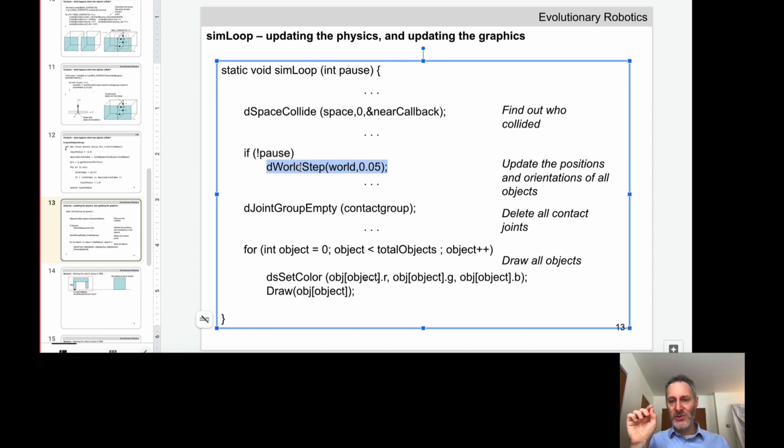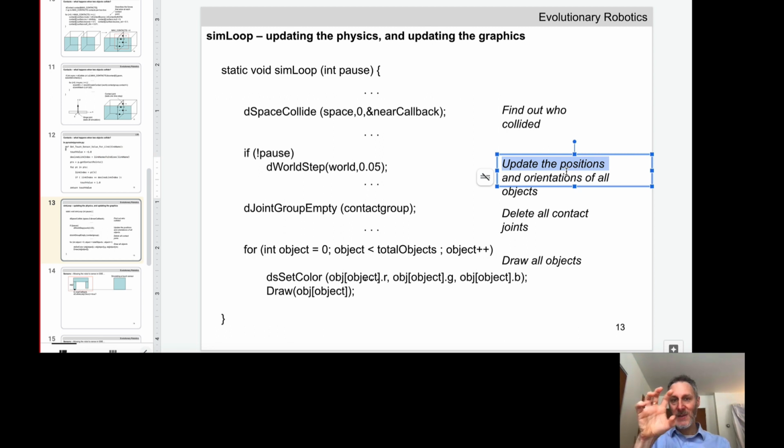The physics engine will use the forces on every object to compute the new acceleration for every object, and use the new acceleration for every object to determine the new position in space and the new orientation of that object in space as well.